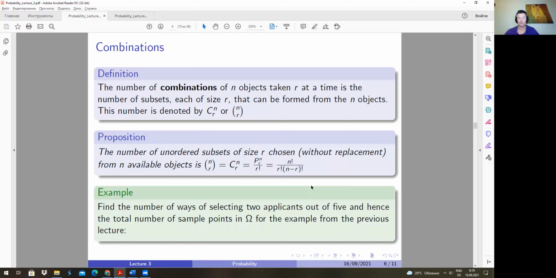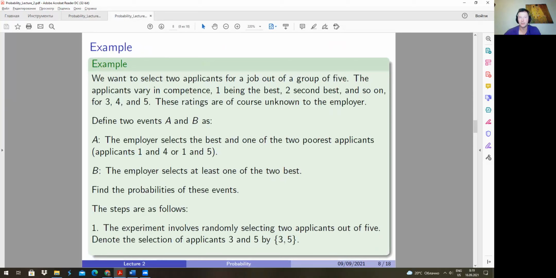So, an example. If you remember, if not, I will remind you. In this lecture, we had this example. We needed to select 2 applicants out of 5, and we wanted to calculate the probability that we have at least the best and 2 poorest, or at least 1 of 2 best.